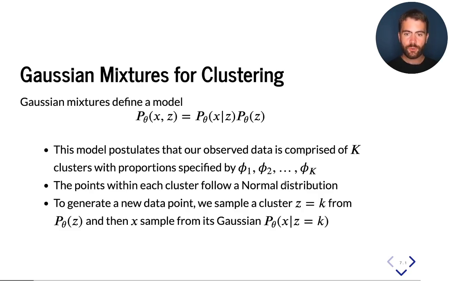To generate a new data point under this model, we would sample a cluster according to these probabilities, and then we would sample a point from the Gaussian that corresponds to that cluster. So if the data actually has that structure, then we can fit a good model and we can infer what the clusters are.